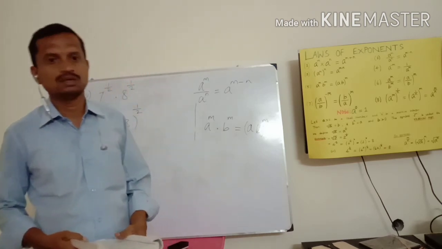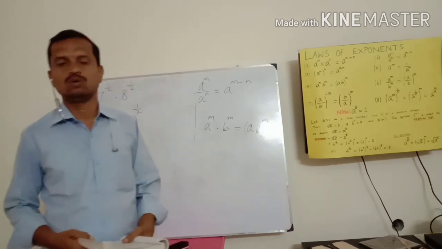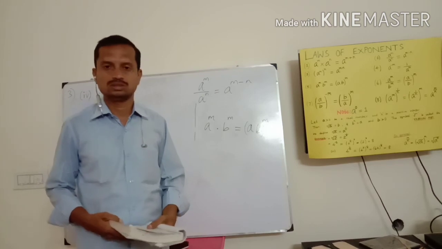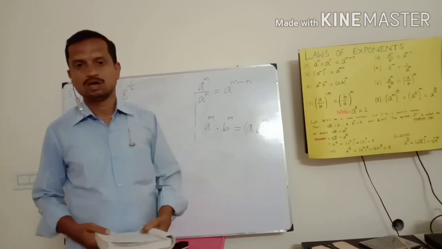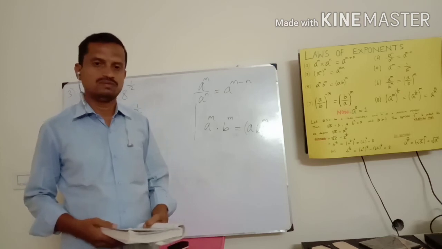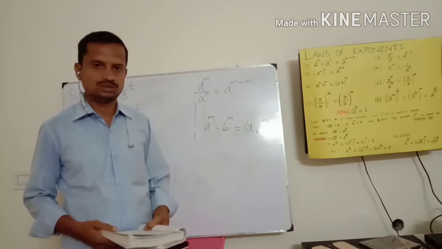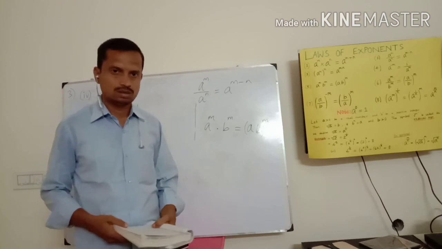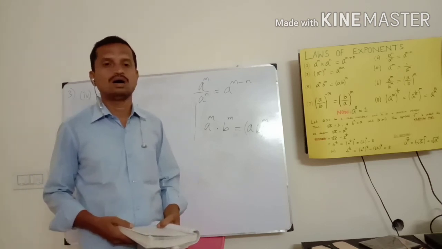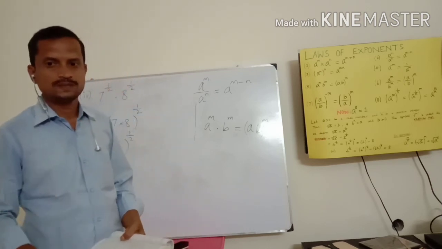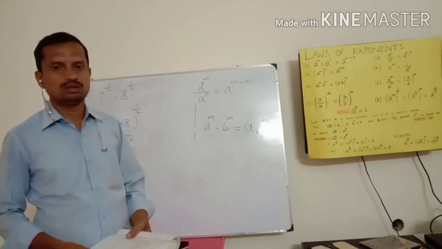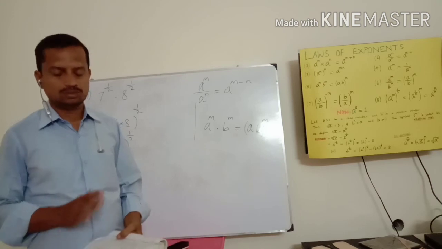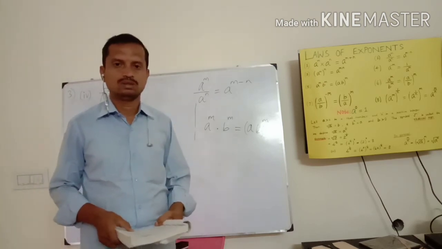Rationalizing the denominator and extra sums also we have discussed. So these are the topics in the previous classes we have discussed. And now exercise 1.6, laws of exponents. So you have to go through all of it thoroughly from the beginning. So the first chapter, number system, gets over.